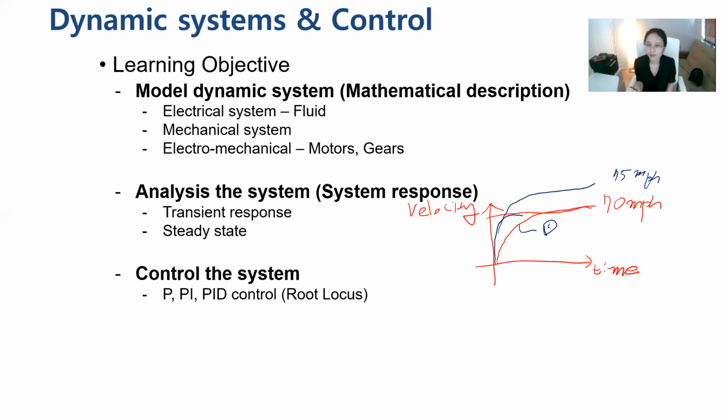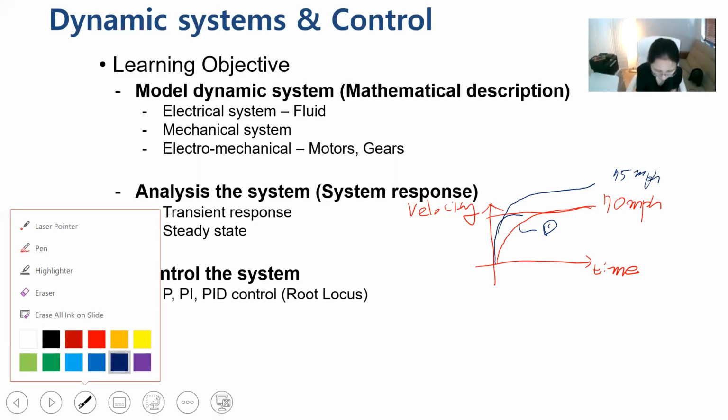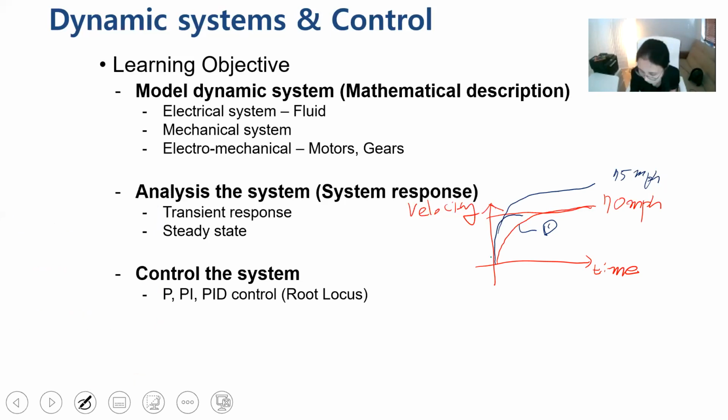You can change the system response to something very fancy, maybe even something like this. It's very fast and also reaches steady state, reaching exactly the velocity you want within a very small time.